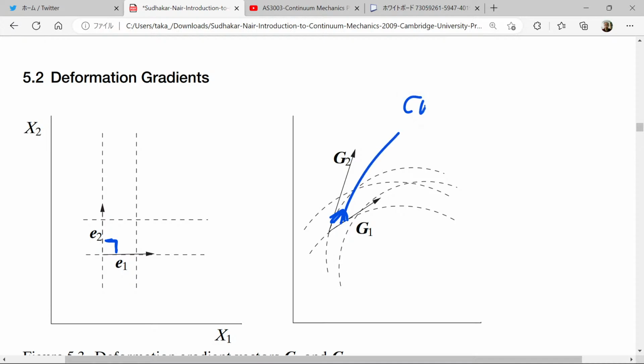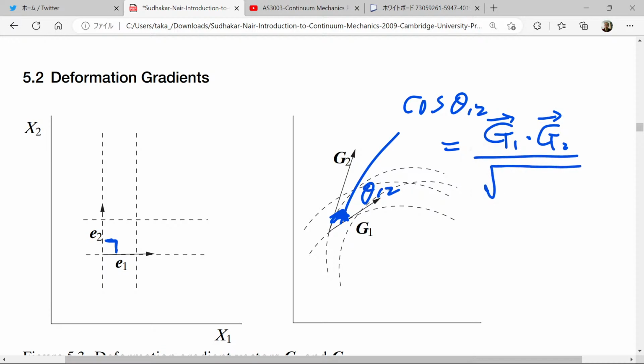We call this angle theta 1, 2, and cosine theta 1, 2 is given by G1 dotted with G2, which are both vectors, divided by square root of G11 G22. That's it.